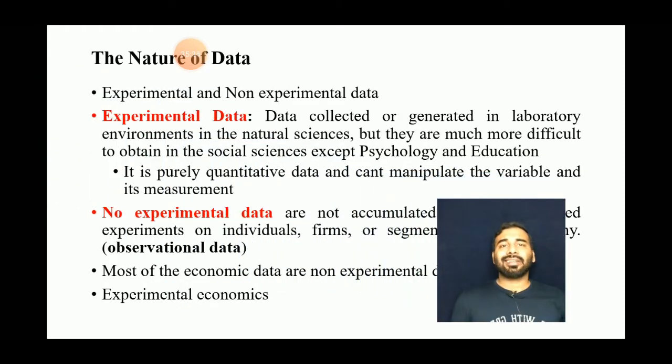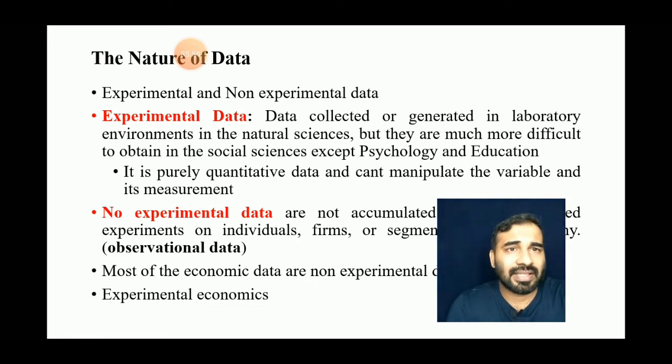So in econometrics or in reality, there are two types of data. One is the experimental data and the other one is the non-experimental data. What is the difference between experimental data and non-experimental data?